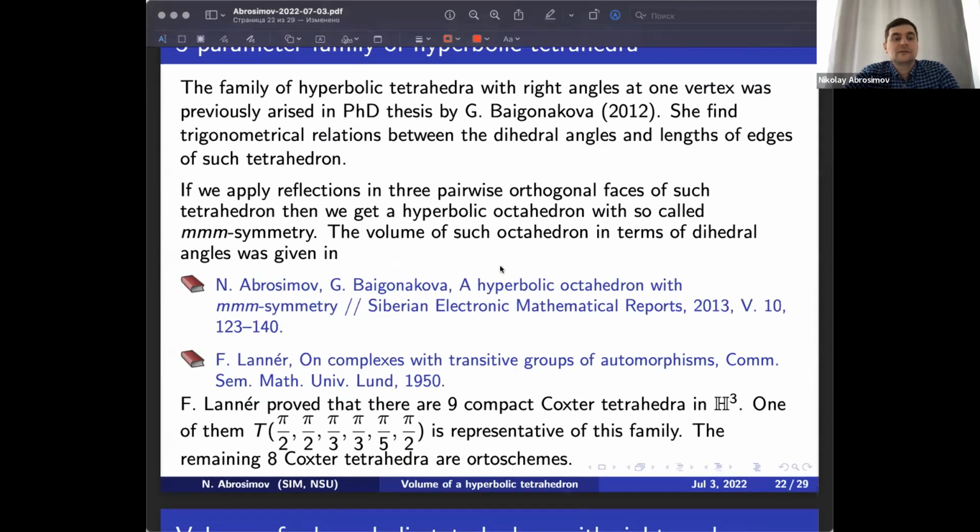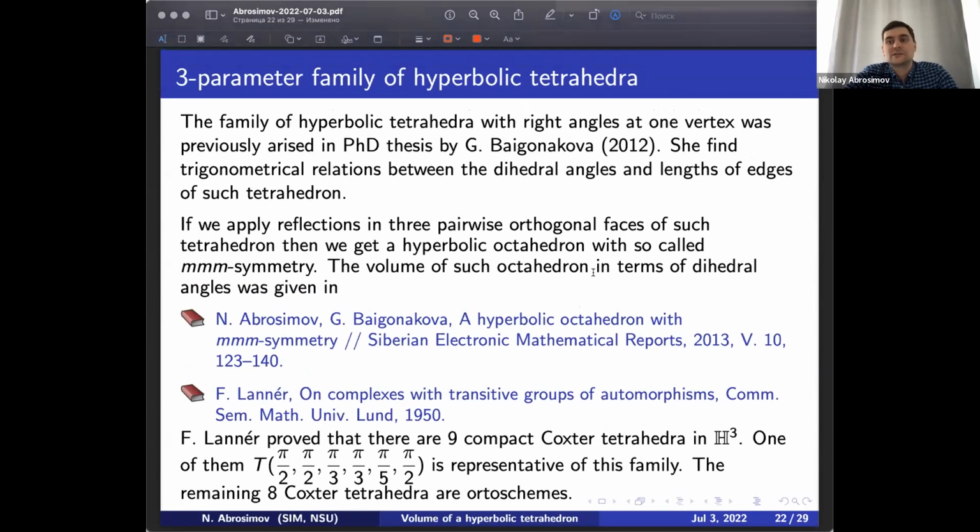And the volume of such a hyperbolic octahedron was given in our joint paper with Galia Bayganakova in 2013, but in terms of diagonal angles. And now we produce a rather simple formula in terms of edge lengths for such a hyperbolic tetrahedron, which can be considered as 1/8 part of the corresponding octahedron.